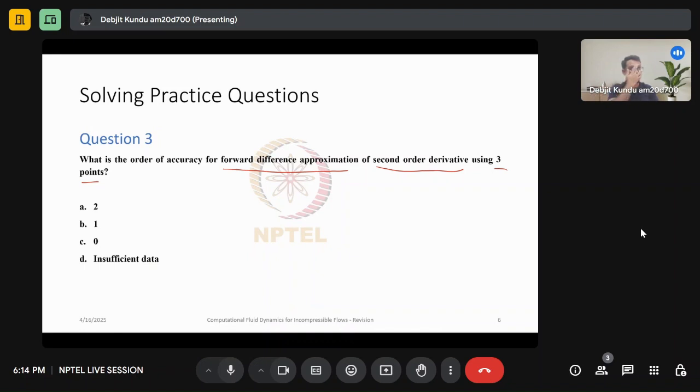It's that you have to find a second order derivative, which is something like dou 2 phi dou x2, using a forward difference approximation using 3 points. And you have to find out what the order of accuracy is. Is it option A 2, option B 1, option C 0, or option D insufficient data?